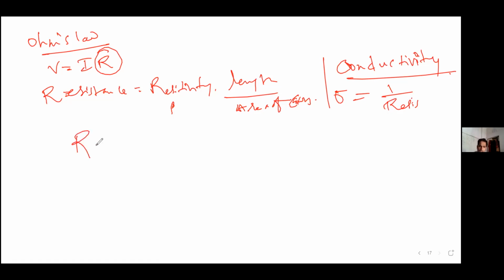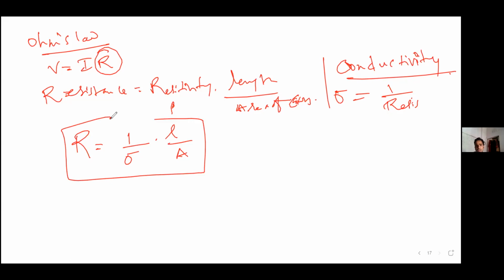So our resistance R will be 1 upon conductivity sigma into L upon A. This is for a conductor of conductivity sigma and length L, where the area of cross section is A, and the resistance between two points is capital R.